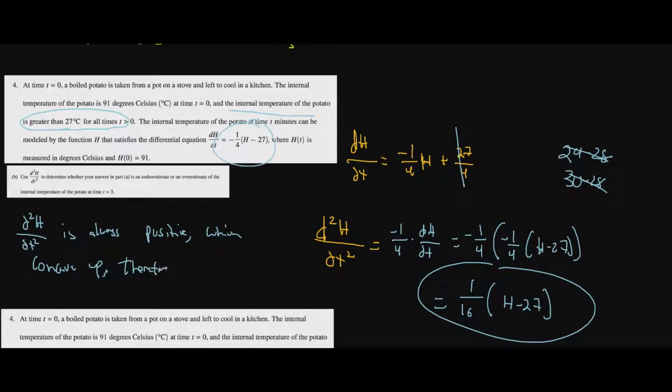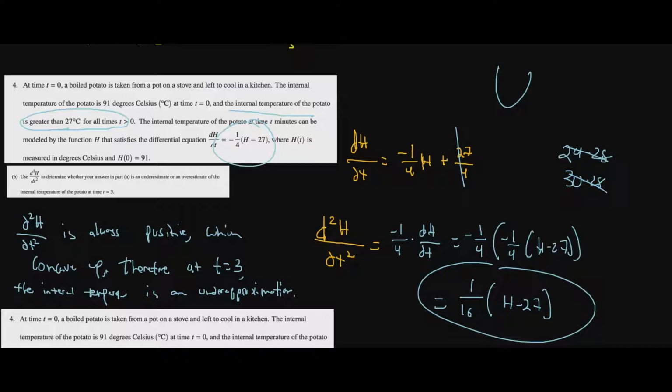Therefore, at t equals 3, the internal temperature is an under approximation, right? Should make sense because we're going to be under approximating the curve. It's going to be an under approximation because it's concave up.